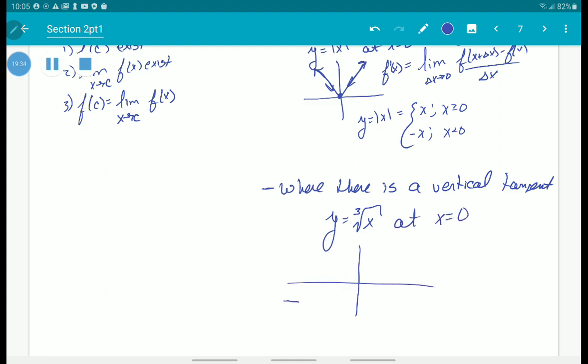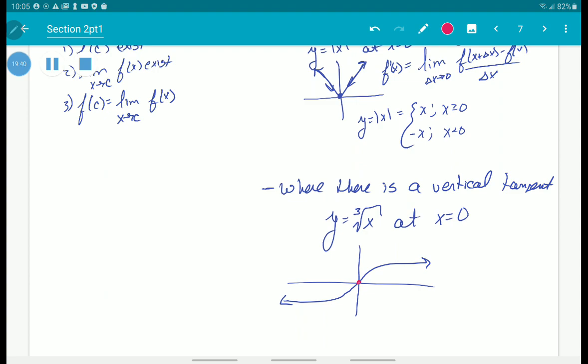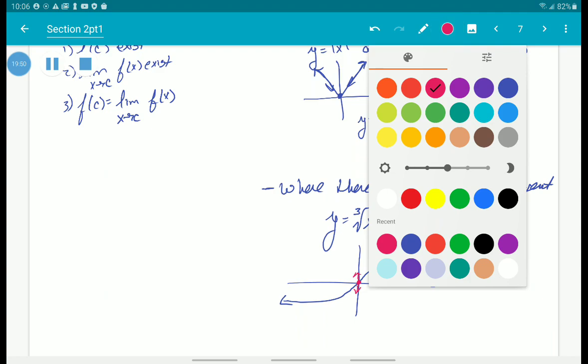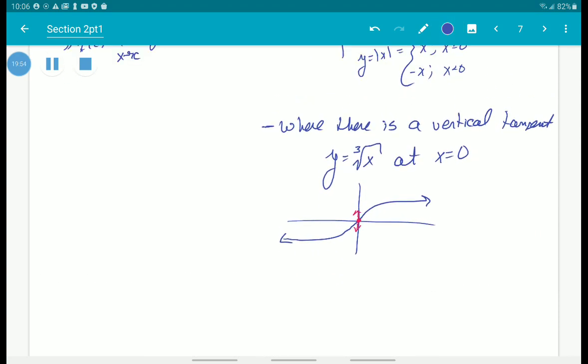The cube root of x function looks like this. If we were to look at what's going on at 0, we would actually have that vertical tangent. And we know slopes of vertical lines are undefined, which means the derivative would be undefined. So those are examples where you have something continuous and you don't have a derivative.